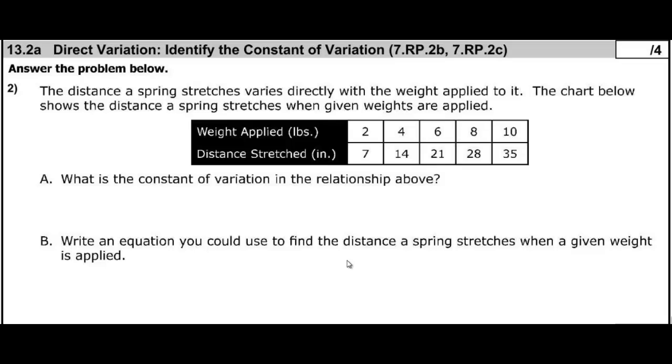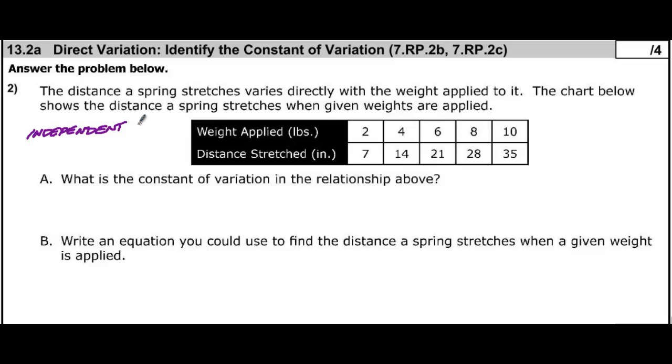The way we find the constant of variation is first we identify the dependent and the independent items. And remember what we said, the independent is the thing you control, and the dependent is the thing that the independent controls. So in this case, what you control is the weight, and that makes the weight the independent variable.